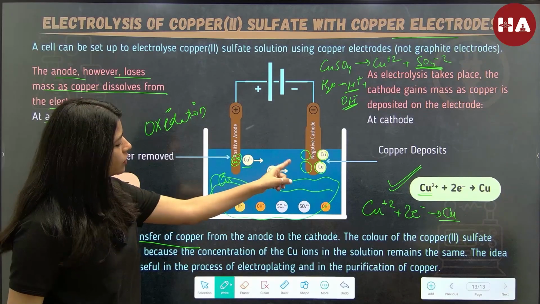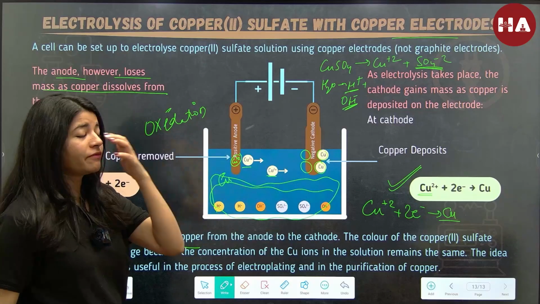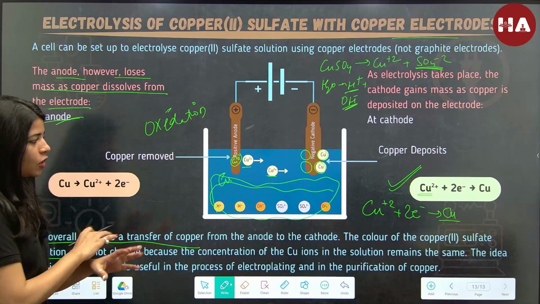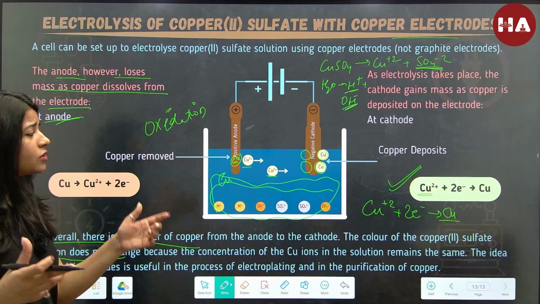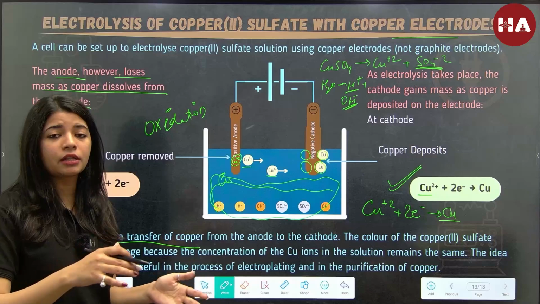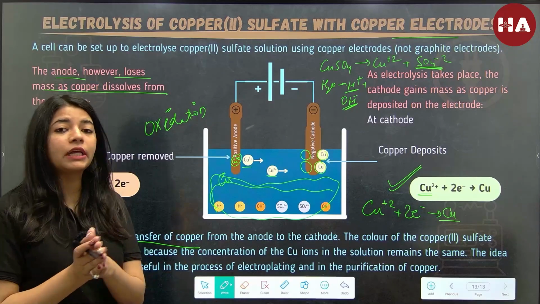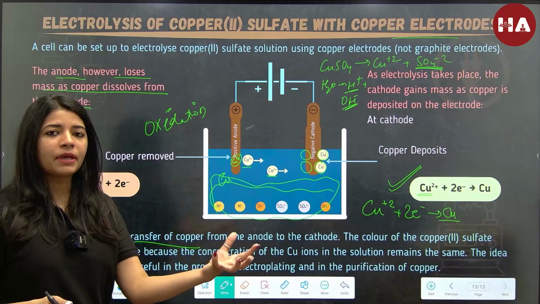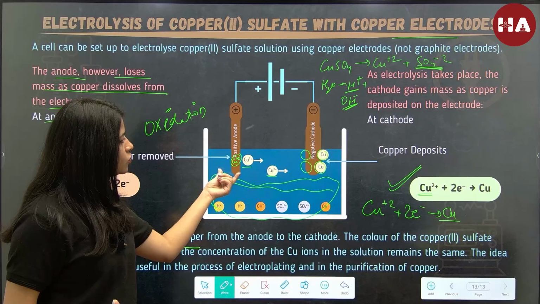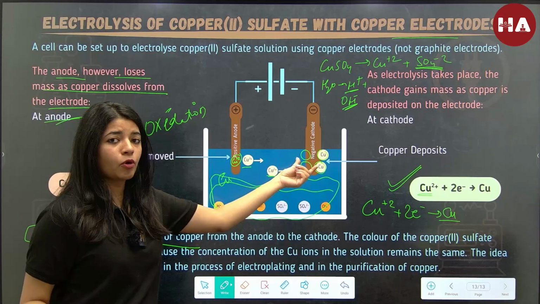The color of copper sulfate is blue, okay. The color of copper sulfate does not change. Why is it not changing? Because they are just moving, continuously moving in the same cycle. So why will the color change? Color change will take place when one step is not reversible. But here it is reversible. What is happening? Cu+2 ion moves towards the cathode, getting deposited over here.